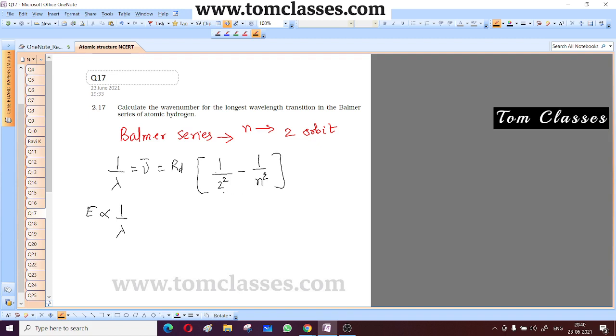For the longest wavelength, E has to be as small as possible, because lambda is inversely proportional to the energy. So the energy has to be least, for the wavelength to be maximum, or longest.